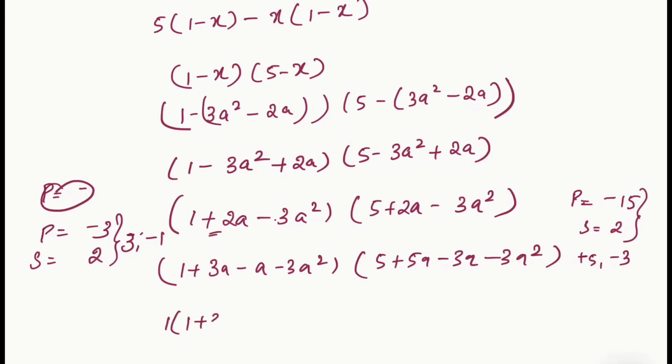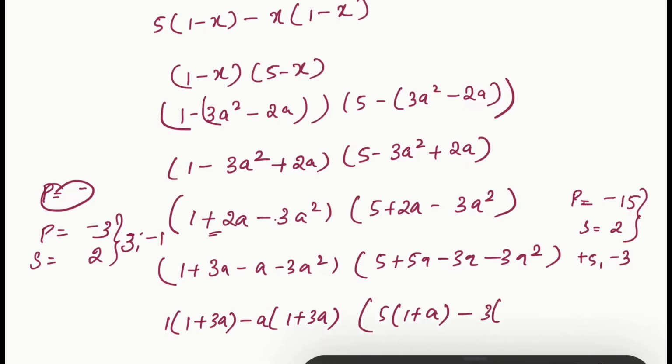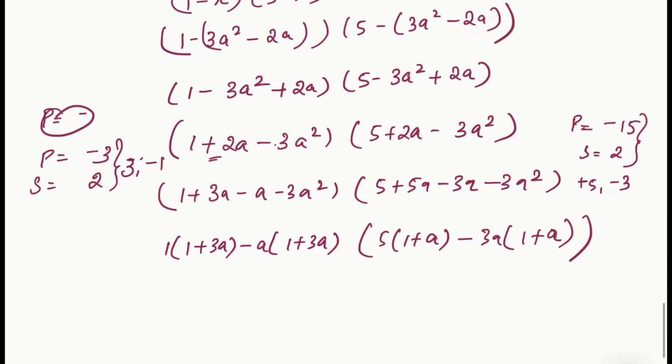So 1 plus 3a minus again a, 1 plus 3a. Here 5 is common, 1 plus a minus 3 is common, 3a is common here, correct? We have 3a common, 3a, 1 plus a, correct?